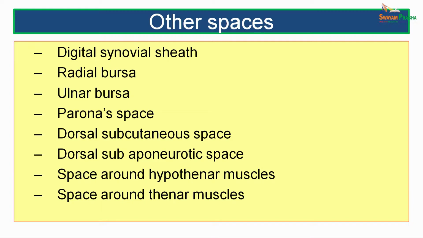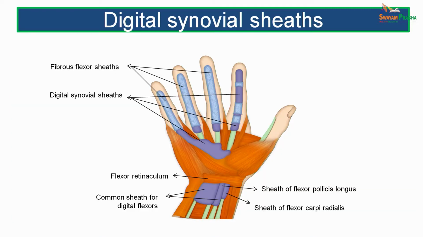Those are the digital synovial sheath, radial bursa, ulnar bursa, Parona's space, dorsal subcutaneous space, dorsal subaponeurotic space, space around the hypothenar muscles and space around the thenar muscles. Let us see the digital synovial sheaths.